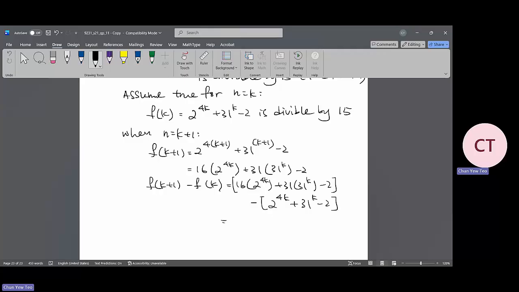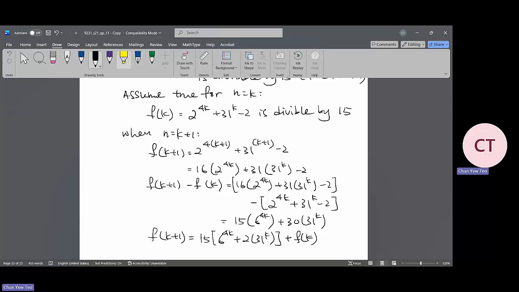So you will get this one as 15 times 2 to the power 4k plus 31 to the power k. So you can see that we write Fk plus 1 is equal to 15 multiplied by 2 to the power 4k plus 2 times 31 to the power k plus Fk.